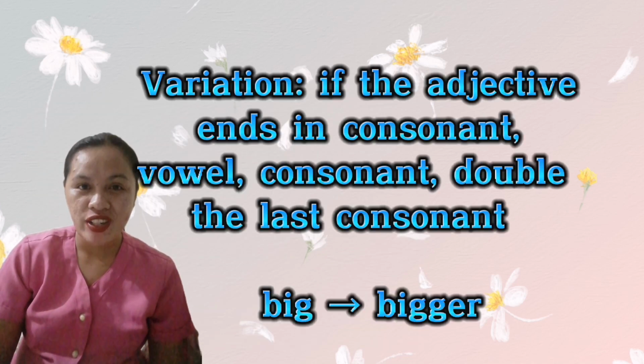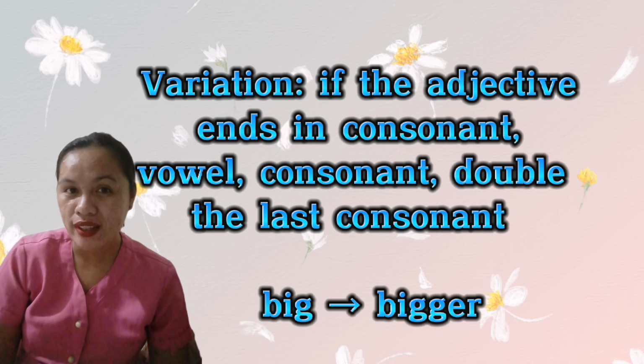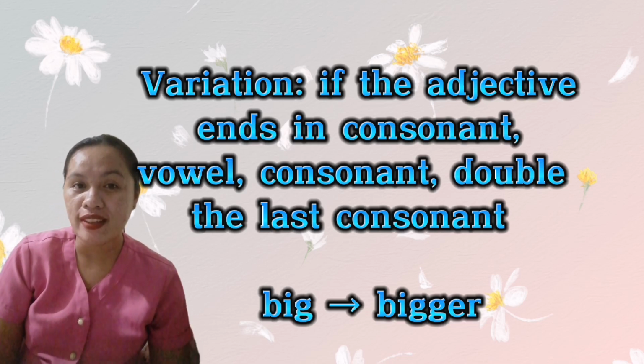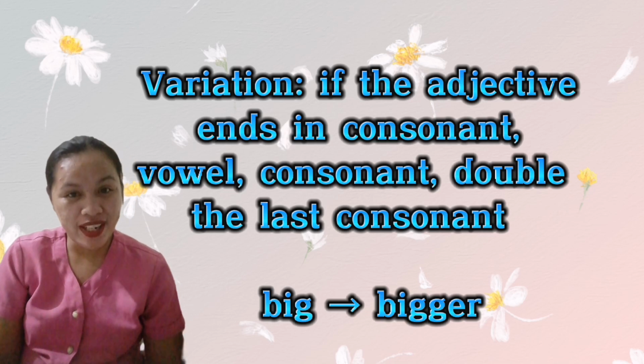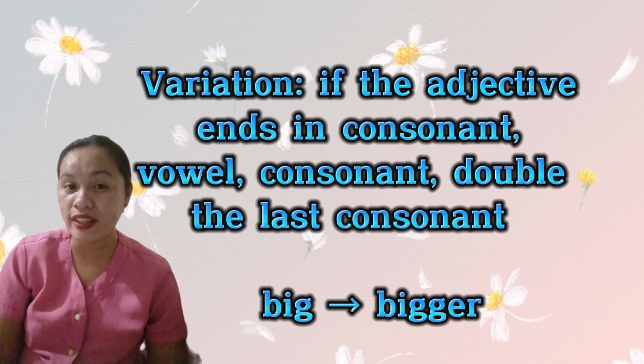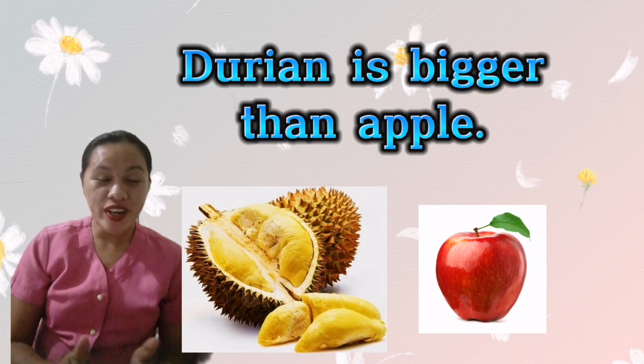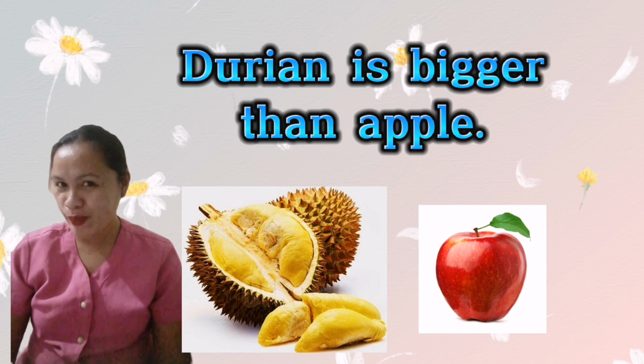There's another variation. If the adjective ends in consonant, vowel, consonant, double the last consonant. For example, big. So you just have to double the letter G and it will become bigger. So let's use it in a sentence. Dragon fruit is bigger than apple.